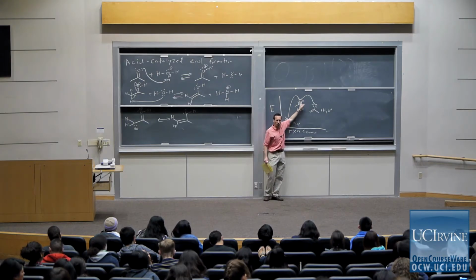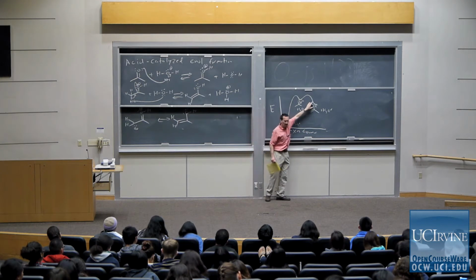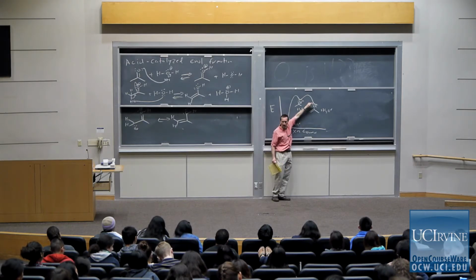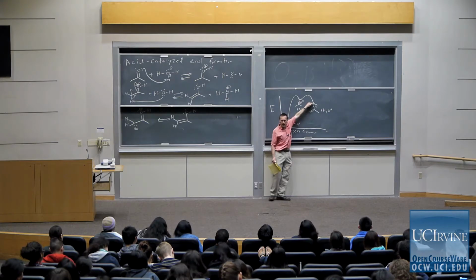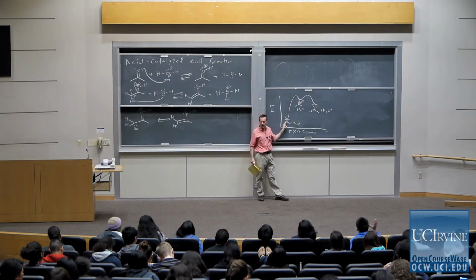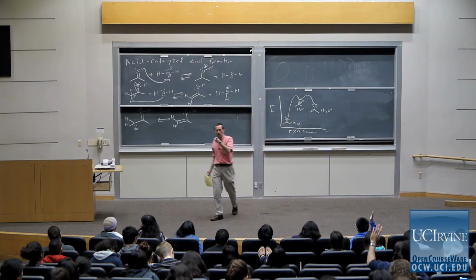It goes both ways. Most of the time, it actually ends up going back down. And ultimately, of course, it's the difference in energy between our product and our reactant that determines the position of the equilibrium.